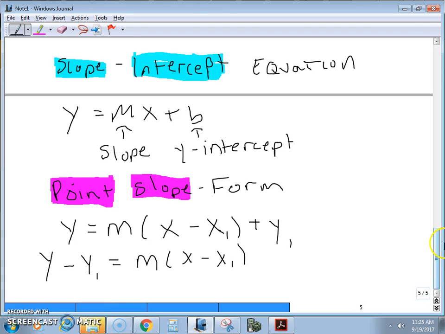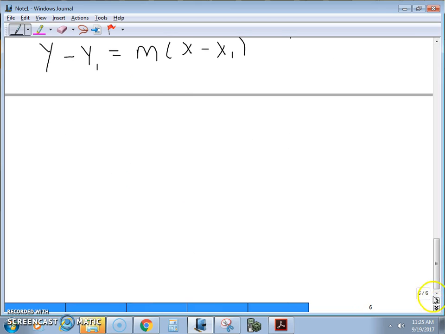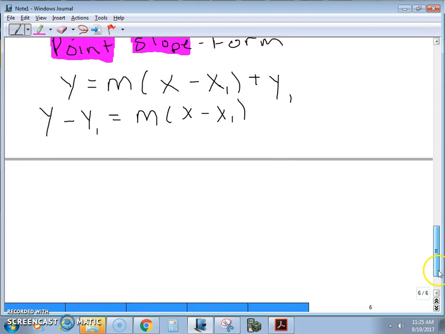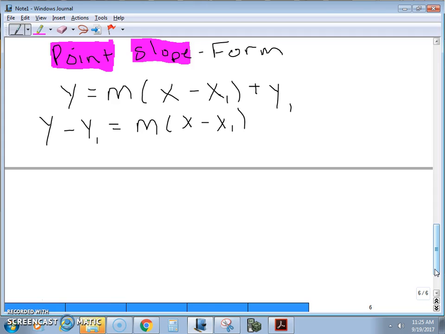I know what you're thinking to yourself right now as you're taking these notes down. I know what you're thinking is like, Miss, this looks so similar to the slope formula, so let's prove why this works.